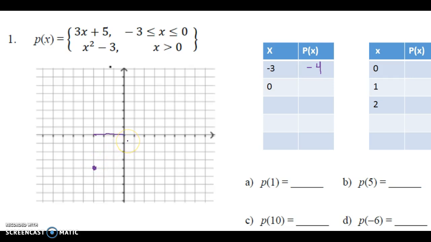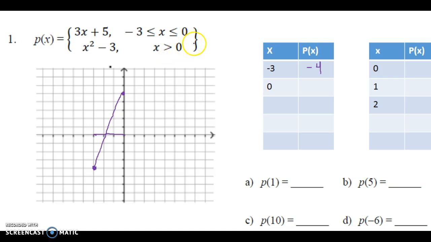At 0, if I plug in 0 for x, I would get 5. So 0, 1, 2, 3, 4, 5. And so I know that I can go ahead and connect this.